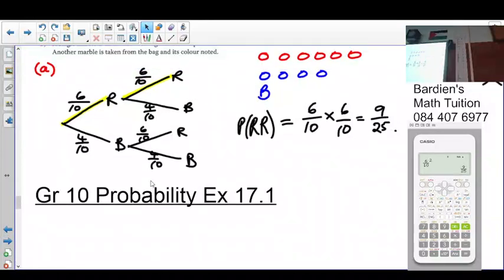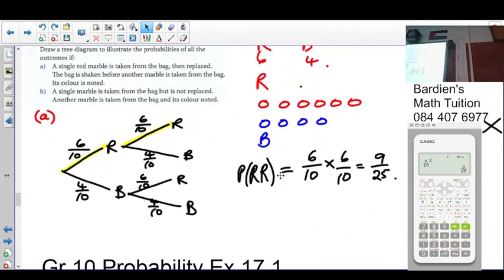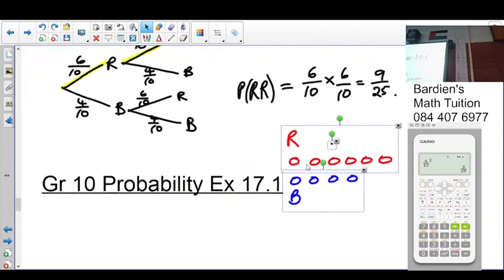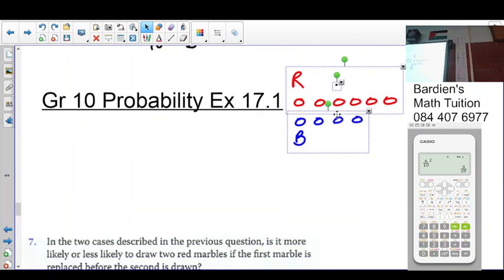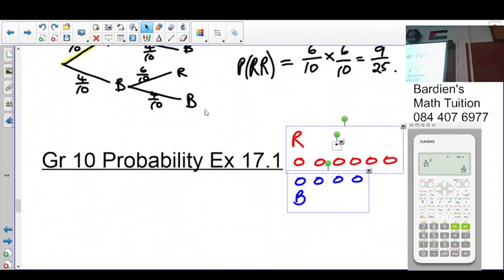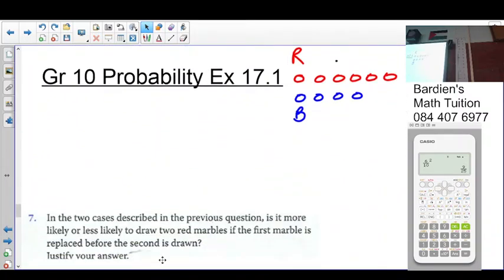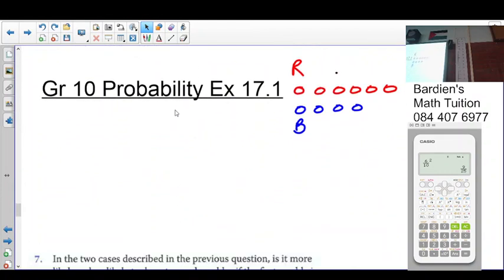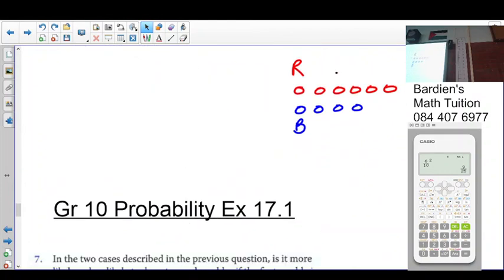If they are not replaced, and I now draw the tree diagram, so let's look at B. On my first draw, what are my outcomes?